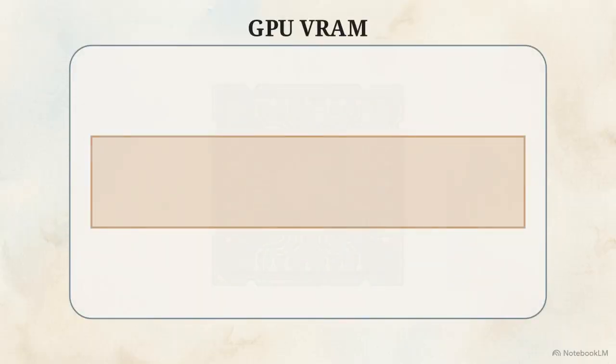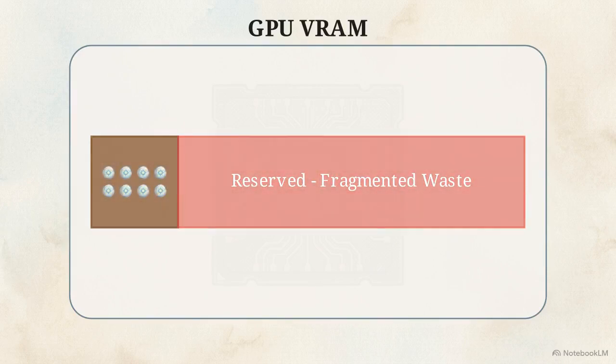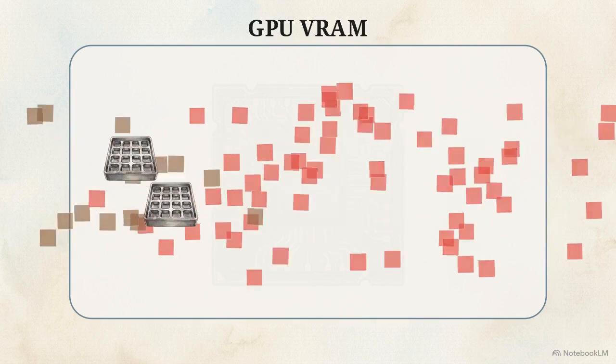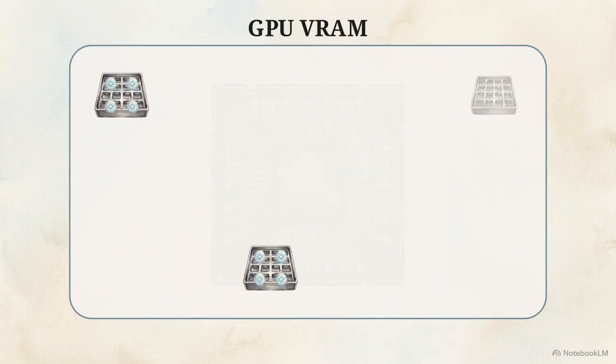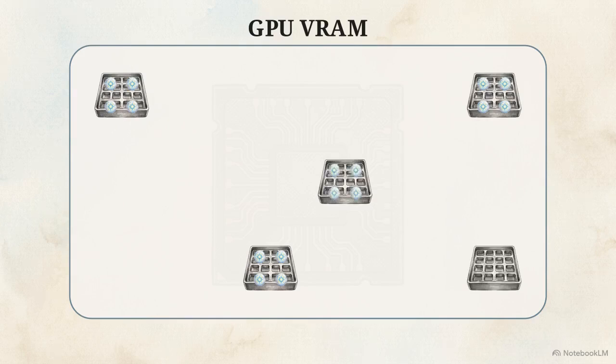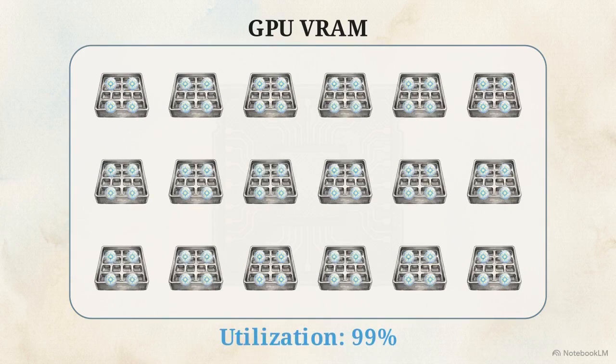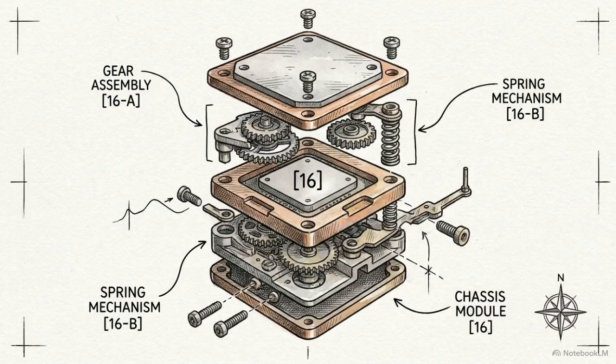Historically, static memory allocation reserved maximum space up front. This contiguous allocation caused severe fragmentation, wasting up to 80% of VRAM on tokens never generated. PagedAttention solved this by applying virtual memory paging to the GPU, shattering the rigid block into non-contiguous chunks. The KV cache is divided into small, fixed-size blocks of 16 tokens.